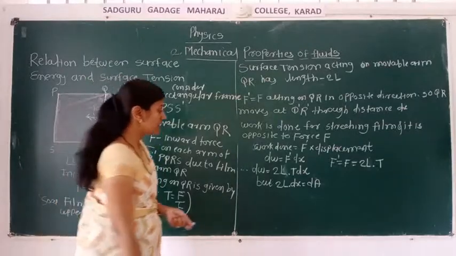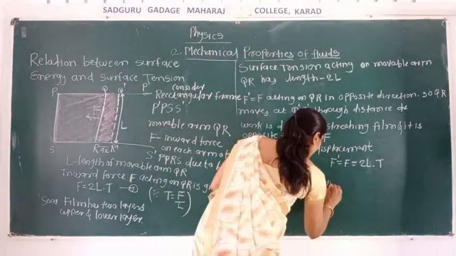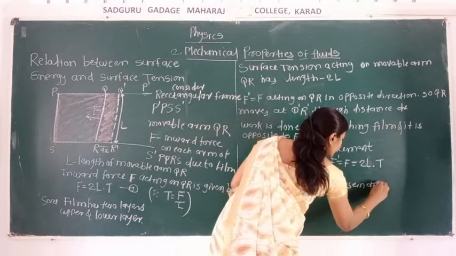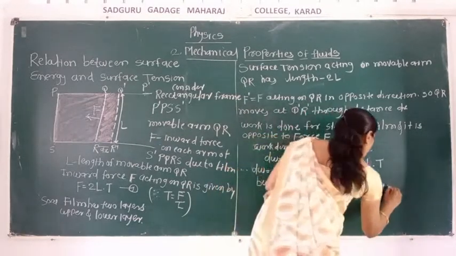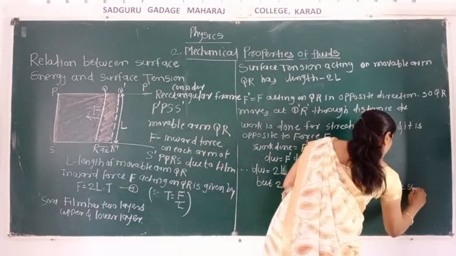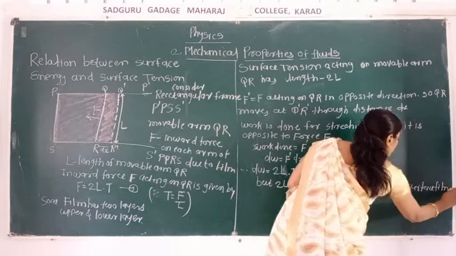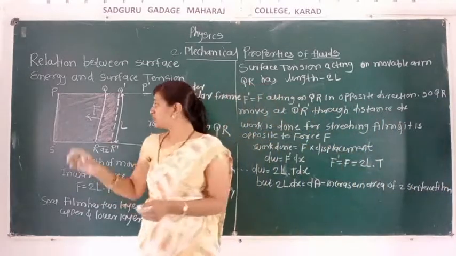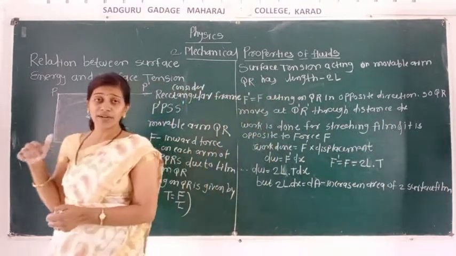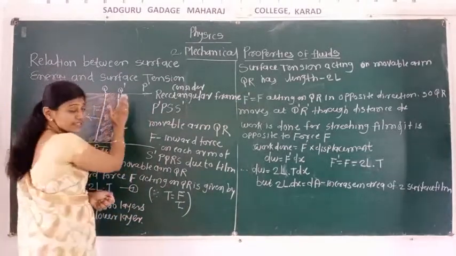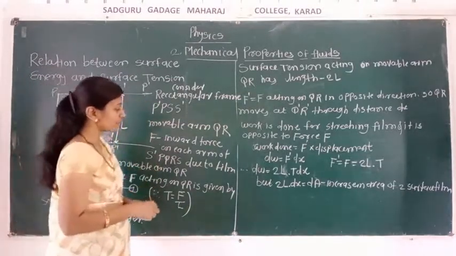So here dA means increase in area of the two surface film. Here, that means we know there is a lower layer and an upper layer, so two surface films are there. That two surface films' area increases here. So here it is dA.